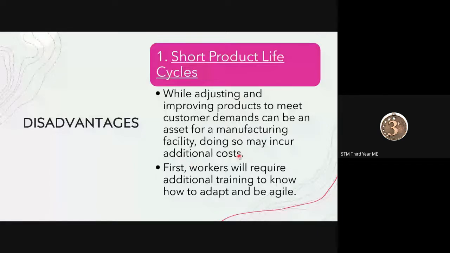Then, workers will require additional training to know how to adapt and be agile. That is one of the major challenges that occurs during agile manufacturing, because the workers have to know what work has to be done, and how to adapt and be agile. So that is what is coming under short product life cycles.